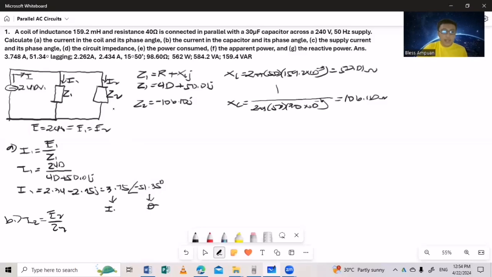And we know that our E sub 2 is equal to 240 over negative 106.10 J. So our I sub 2 is equal to 2.26 J.